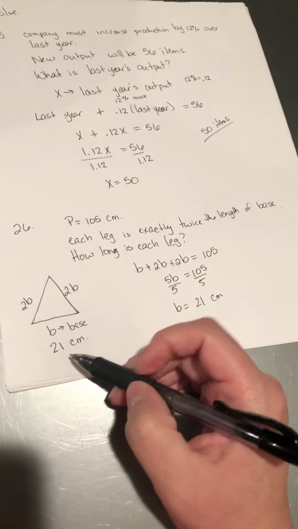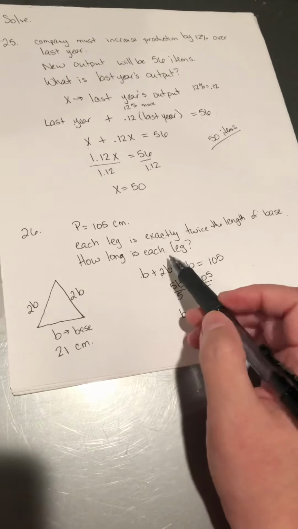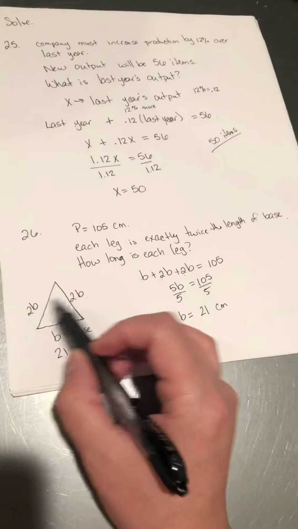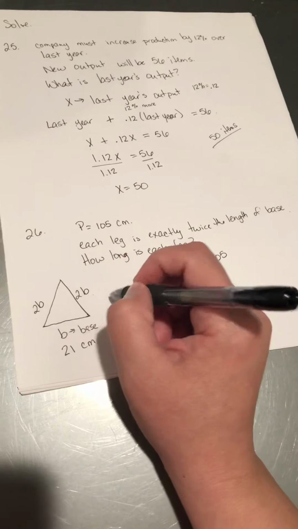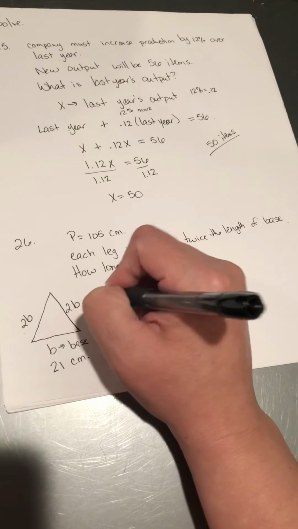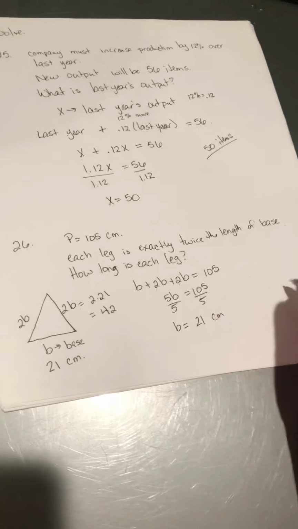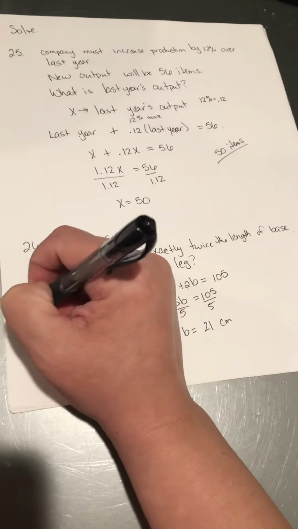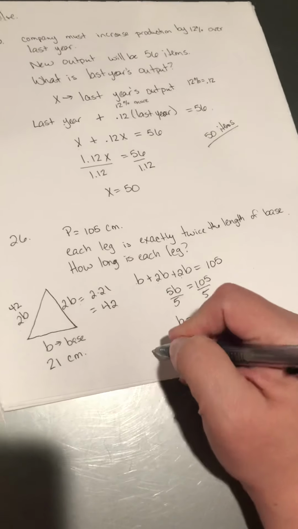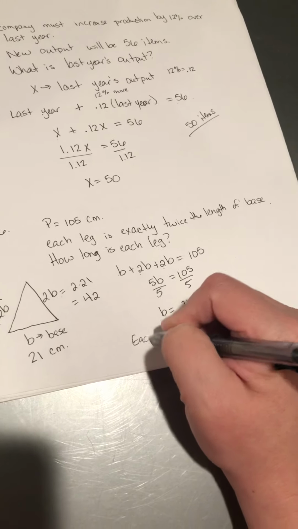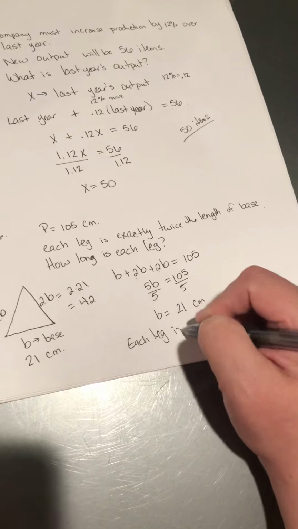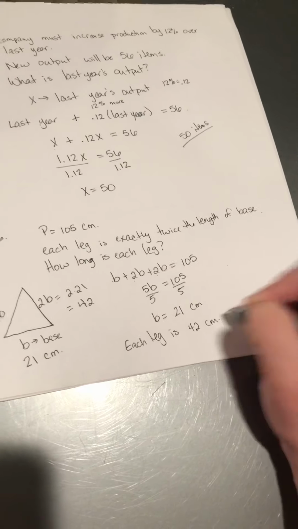That's not the question asked, how long is each leg? So you need to tell me how long these are. So if I do 2 times 21, I get 42. So this is 42 and that is 42. So the actual answer to the question is each leg is 42 centimeters.